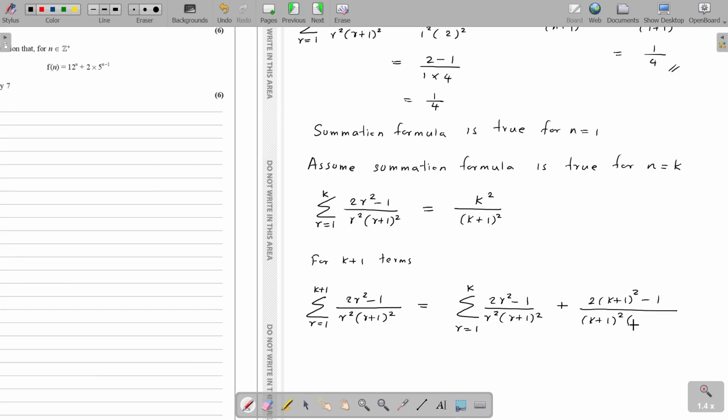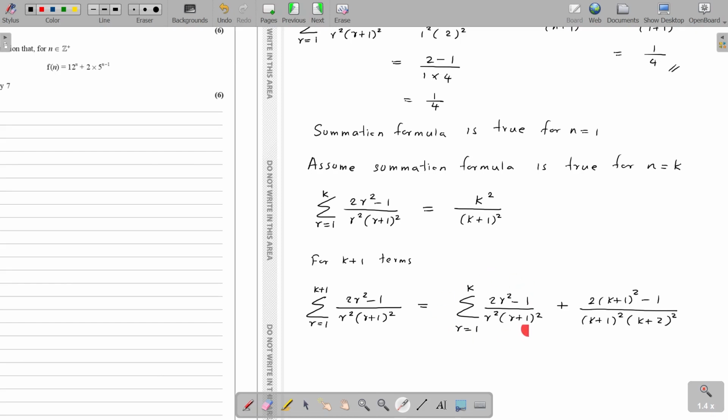Can you see what I did here? This summation means first you put r is 1 and get the answer, plus then you put r is 2 and get the answer, plus r is 3. Keep on doing until r is k, plus then r is k plus 1, which is this answer. Then the summation from 1 to k terms is this. I did not write it out manually, because that answer is what we have assumed in the previous step.